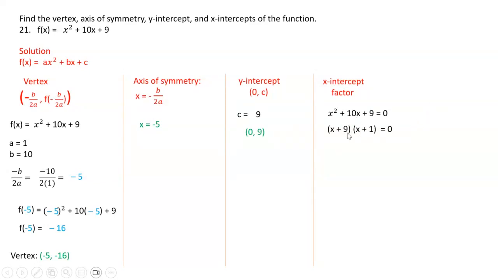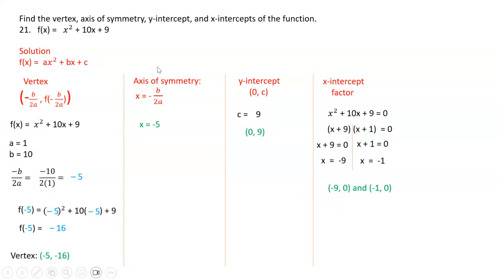That's why this is my combination. So then we let them both equal 0, and then we solve for x. So x equals negative 9 and x equals negative 1. These are my intercepts, so it's going to be (-9, 0) and (-1, 0). This is how you find the vertex, axis of symmetry, y-intercept, and x-intercept if it's in this form, ax squared plus bx plus c.